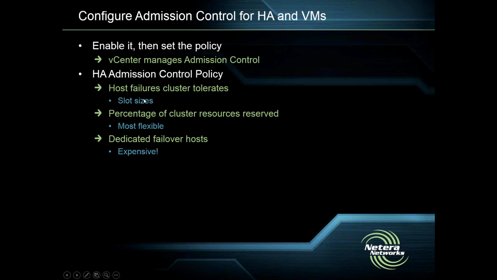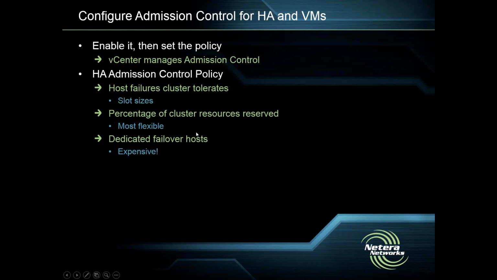If you have some monster VMs that have some big reservations, maybe they get their own cluster. Maybe you don't put those VMs in, say, the general purpose cluster. Or maybe you have management that is bent on having failover hosts for whatever reason. Many times we can't always get what we want, and so we get overridden, and maybe you'll have to go with a dedicated failover host or two.